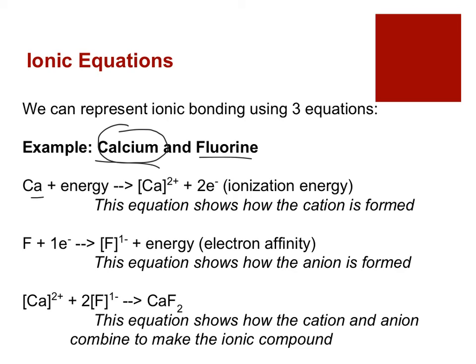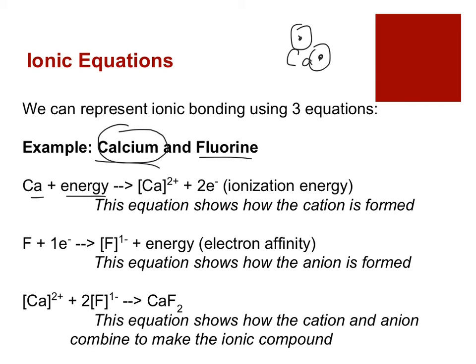So we're going to write calcium, and this is going to require energy, which is the ionization energy, to create a calcium with a 2+ charge, because recall calcium has 2 valence electrons, and it's going to release 2 electrons. Both of these are going to get donated to our nonmetal.